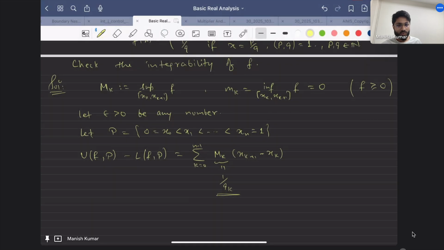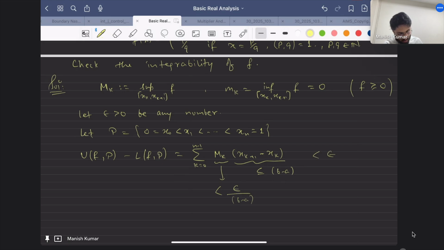Now I have to make sure that this whole quantity is very small. There are two ways of saying that this whole quantity is small. The simplest case: I know that the sum of the lengths is bounded by b minus a. So if I can say that Mk is very small, let's say less than epsilon by b minus a, then I can conclude this is less than epsilon.